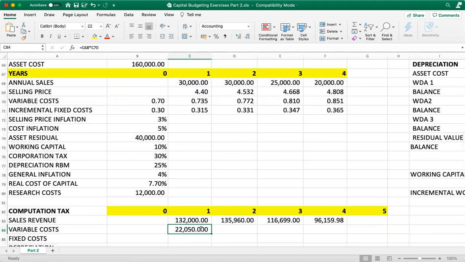And then because costs are negative when you are looking at capital budgeting, cash inflows are positive, cash outflows are negative, so I'll put a negative on the variable cost per unit.